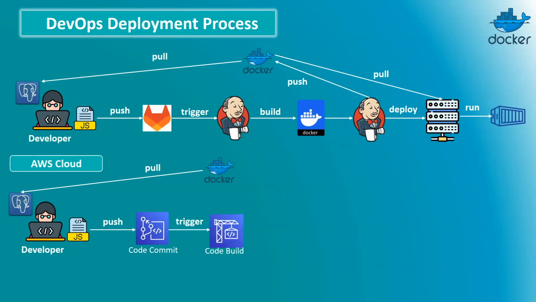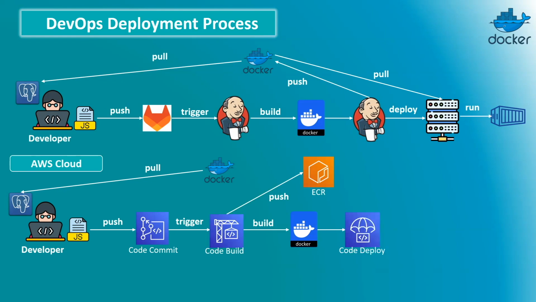The CodeCommit trigger will automatically invoke a build using AWS CodeBuild. CodeBuild will compile the source code and create the Docker image. Instead of using Docker Hub, we can use ECR as the image repo, and CodeBuild will push the Docker image to ECR. AWS CodeBuild will then trigger the deployment process using CodeDeploy.